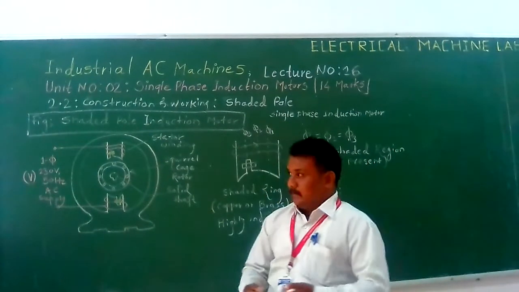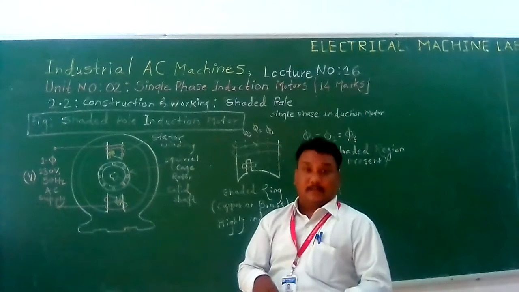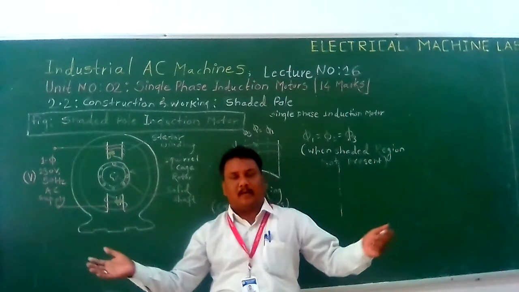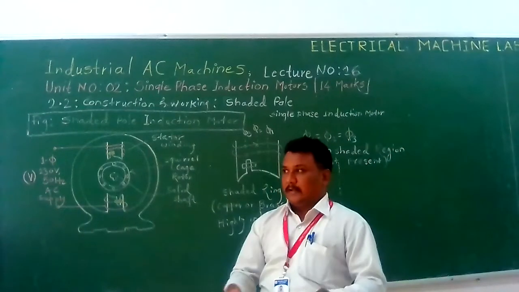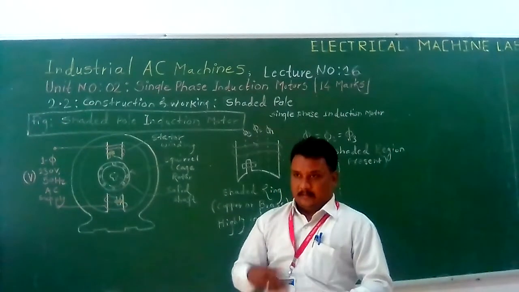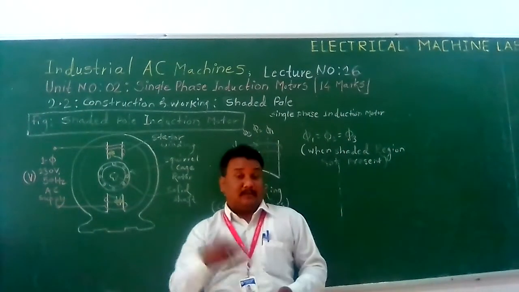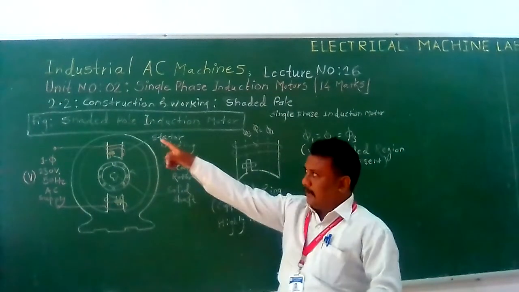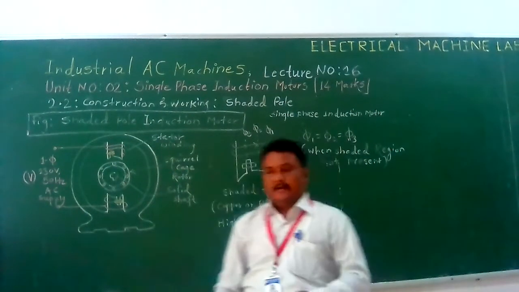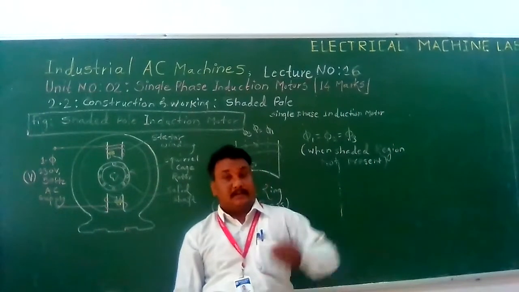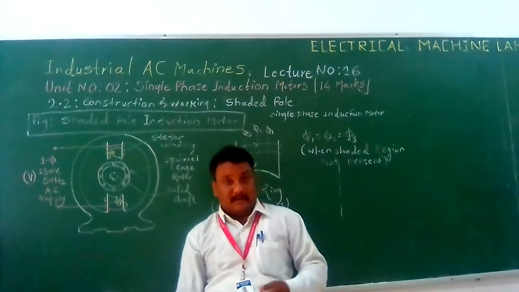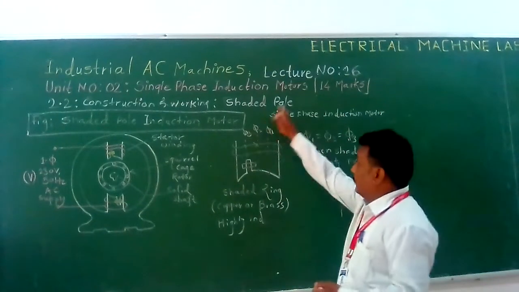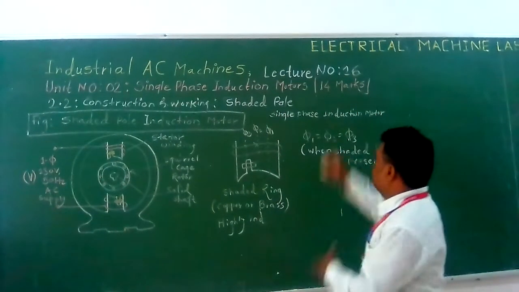From the previous lecture we concluded that the single phase induction motor has a wide variety, and among this variety one more type is added. Today we are seeing the next topic, the shaded pole induction motor, which may also be written as the shaded pole single phase induction motor.